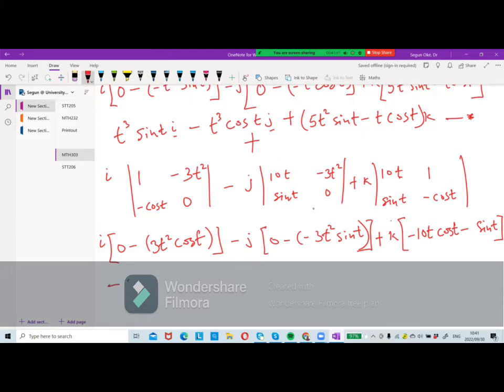So here we have negative 3t squared cos t i, minus 3t squared sine t j, minus 10t cos t minus sine t k. Okay, just give me 1 minute.